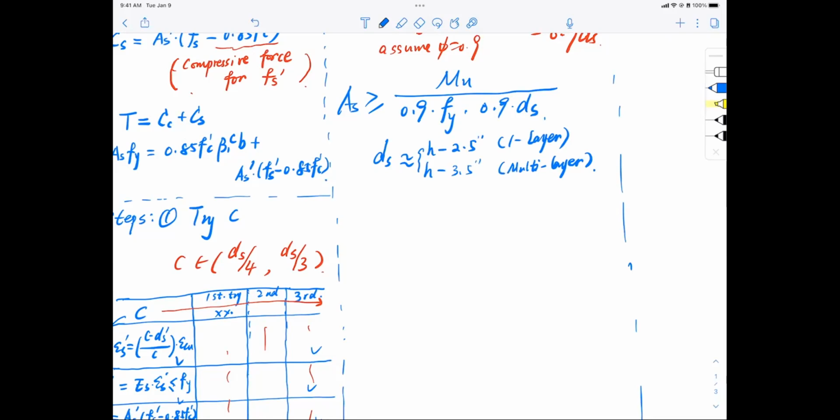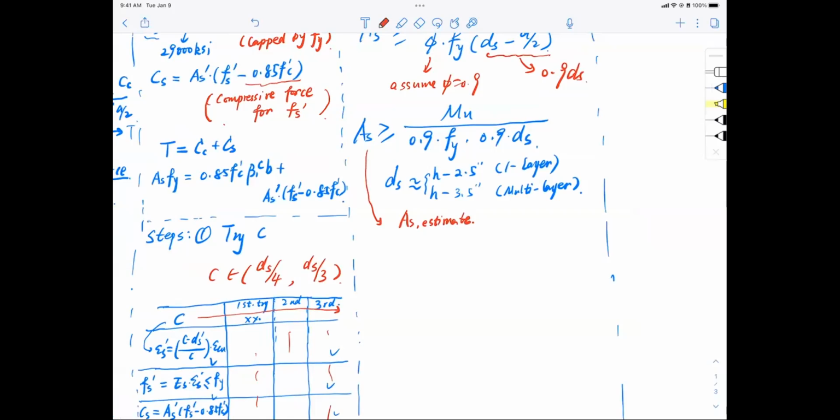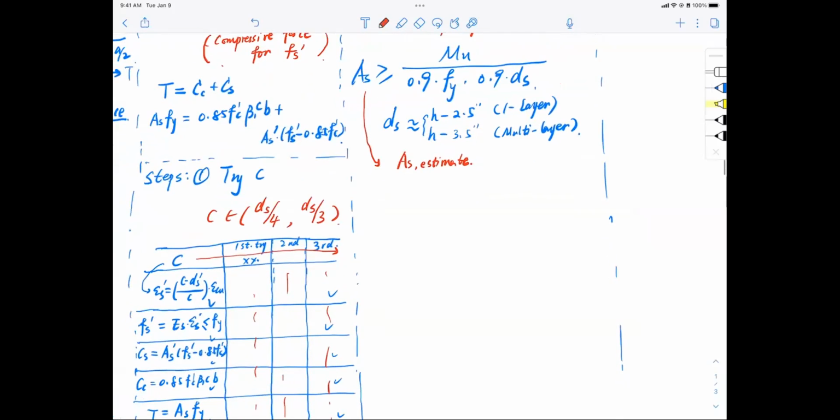Okay, so once you have As, let's call it As estimate. You arrive at a certain area. Then step number 2: I'm going to use As estimate to determine a.